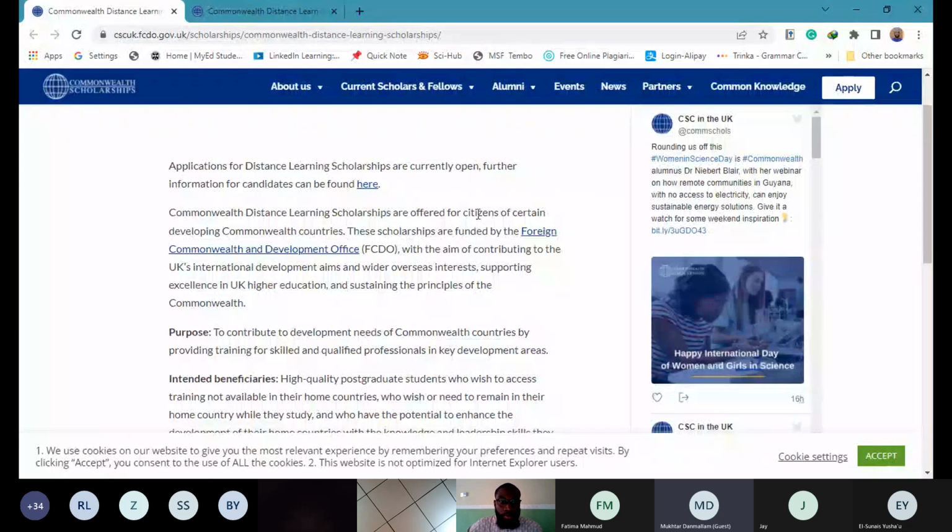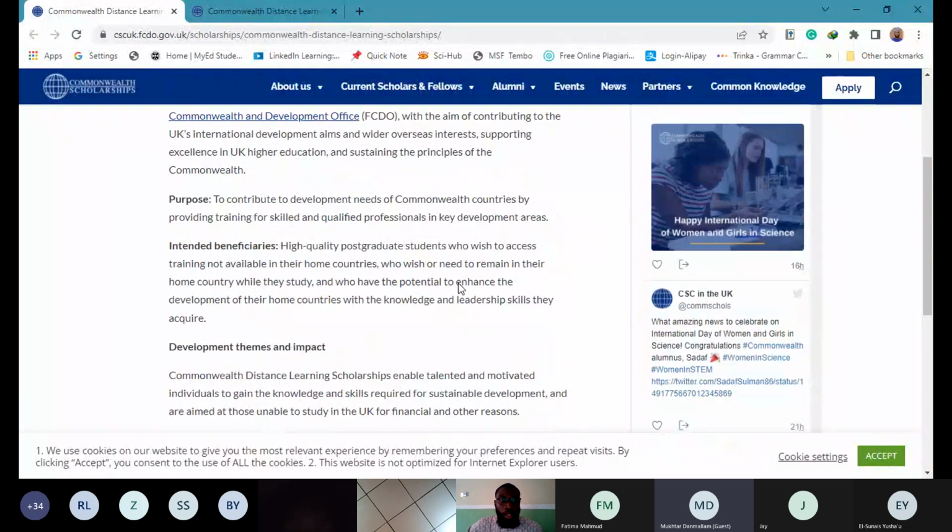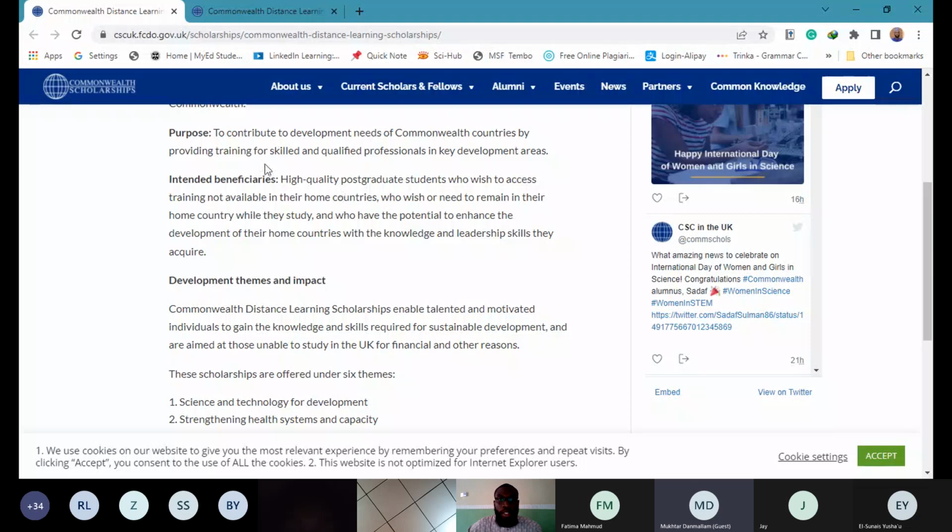As Yushau made mention, the purpose of this scholarship is to contribute to the developmental needs of Commonwealth countries. Nigeria is one of these Commonwealth countries, and the beneficiaries are postgraduate students willing to acquire skills that are not readily available in their own countries.